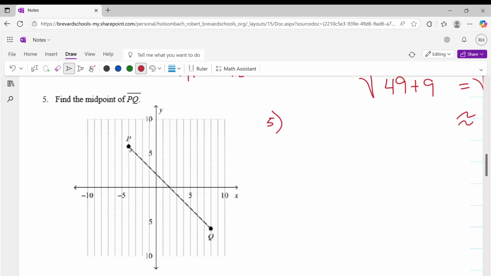Point P, okay, is at -4, 6. You are going to have to read the graph and count units to find the coordinates.